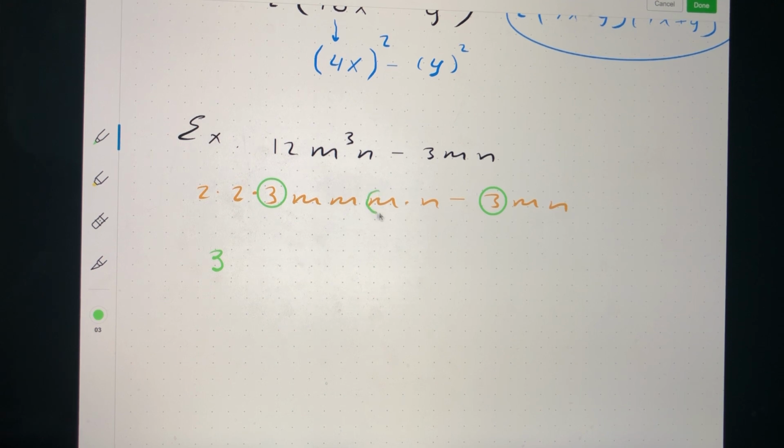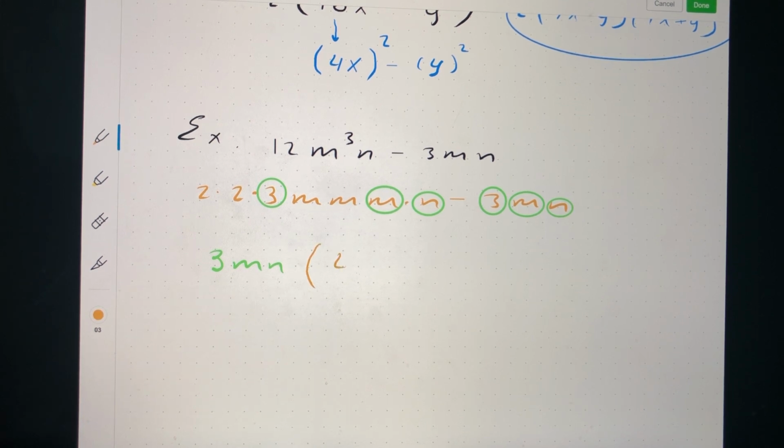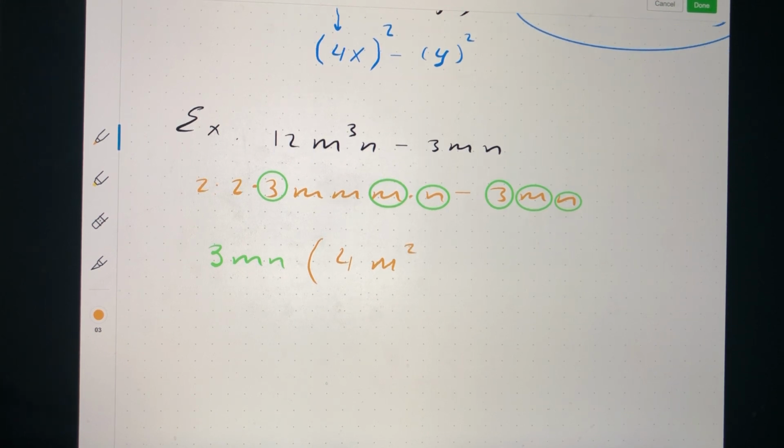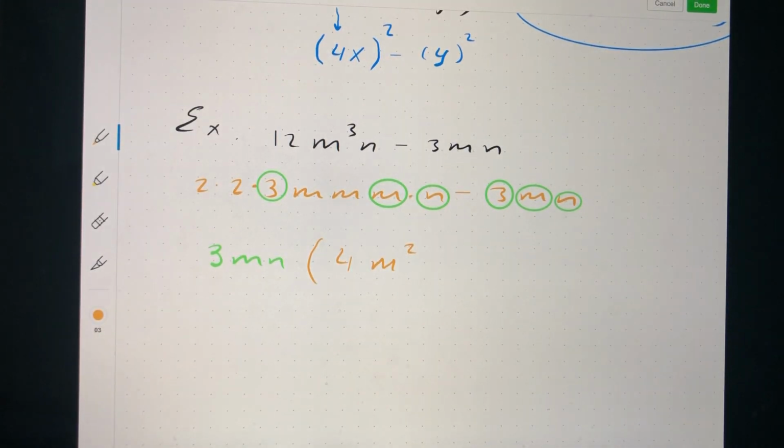And then 1 m is in common, and 1 n is also in common, which leaves us with 2 times 2, that's 4, m times m is m squared, and what times 3mn would make 3mn? Well, it would be 1. 1 times 3mn is 3mn.